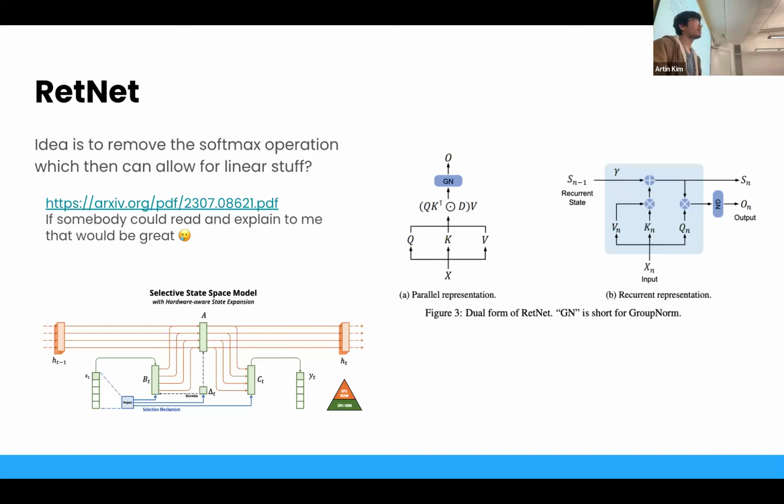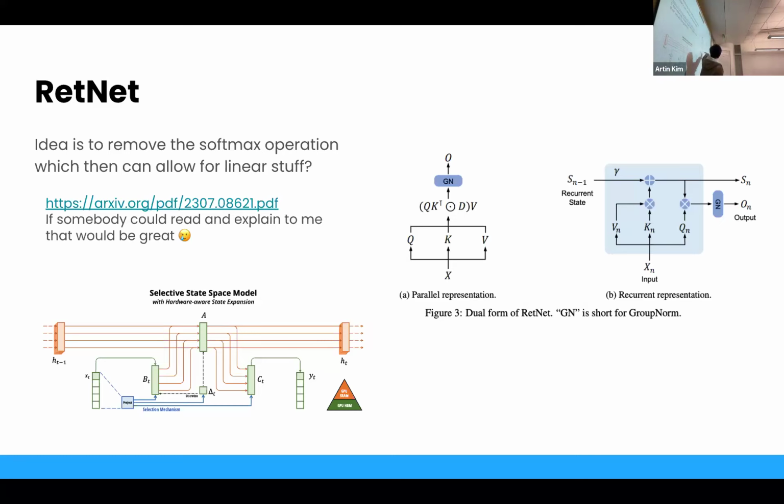But what they realized is that if you remove the softmax, which scaled them down in the beginning, it makes it so the attention scores can be linear, and then you can carry them through. So you can pretty much make it like an RNN, where you carry through your query, key, value, like your attention scores, and you can just append onto them. So it's making them like an RNN.